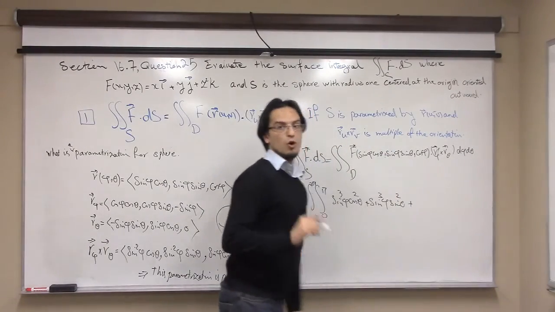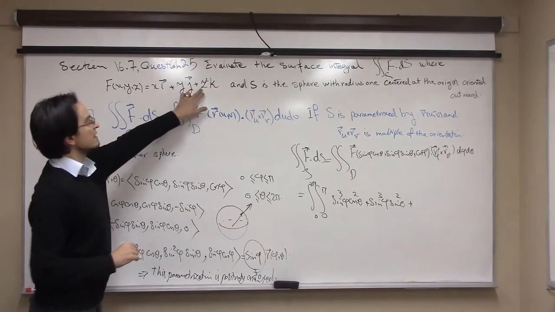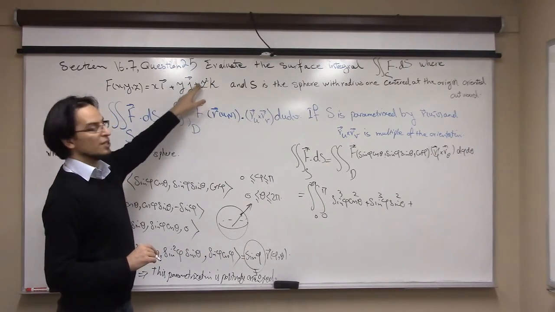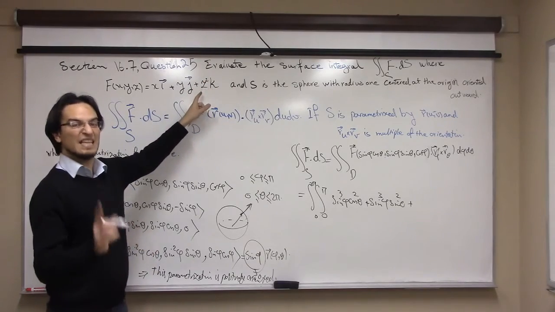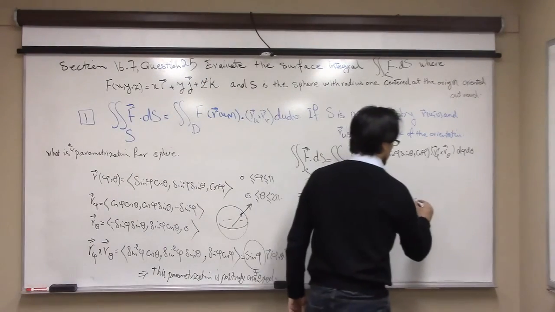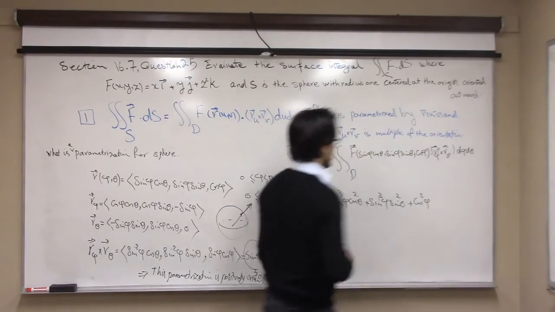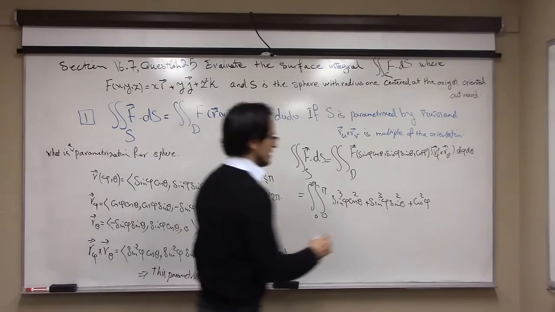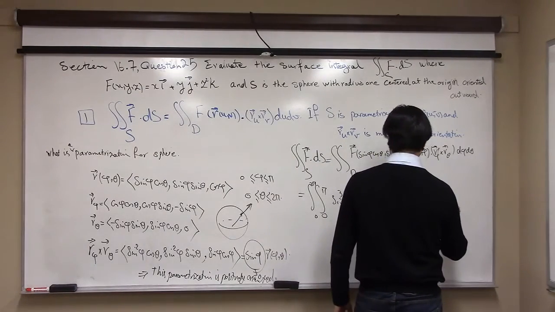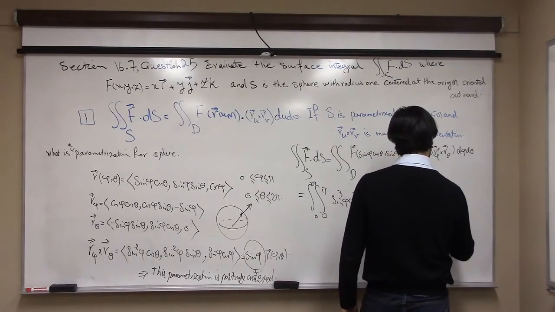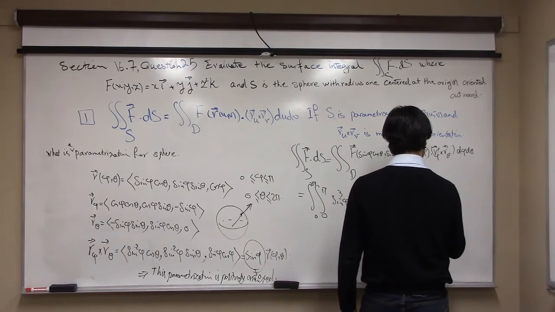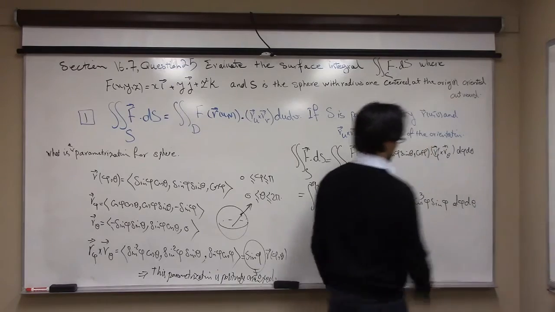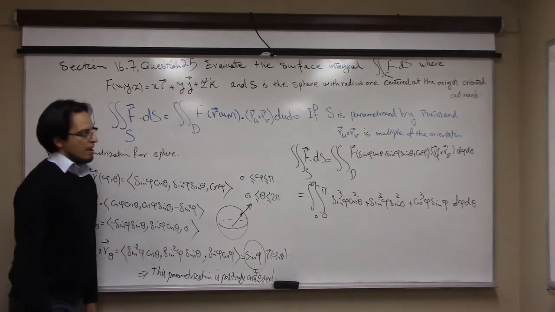Plus, the last component is cosine phi for z. z is cosine phi, but the third component of the vector field is z squared. So I'll get cosine squared phi times the third component of this, which is sine phi cosine phi, so cosine cubed phi sine phi, then d phi d theta.